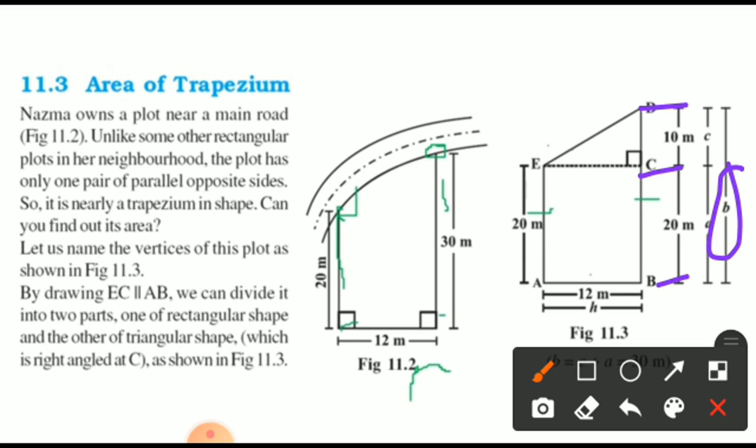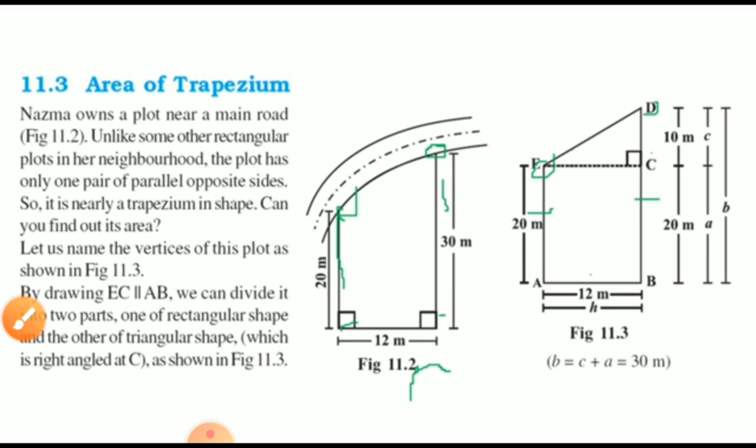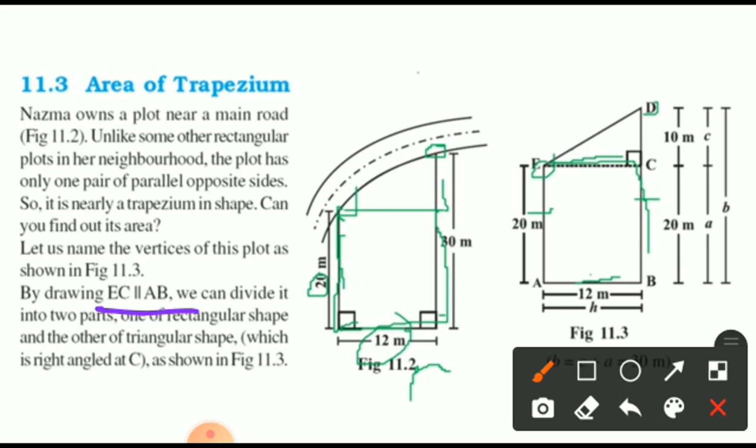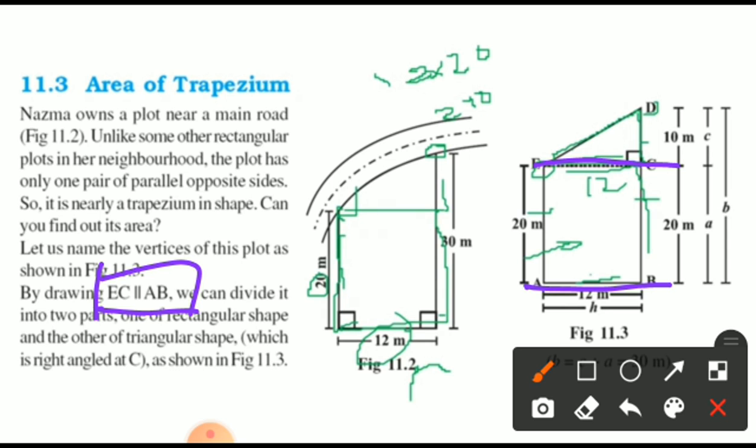First of all, we can find the solution by splitting 30 meters into 20 meters plus 10 meters, and we can say there is one rectangle and one triangle, which has the perpendicular. How do we show that EC and AB are parallel lines? EC parallel to AB means they keep moving continuously at an equal distance.